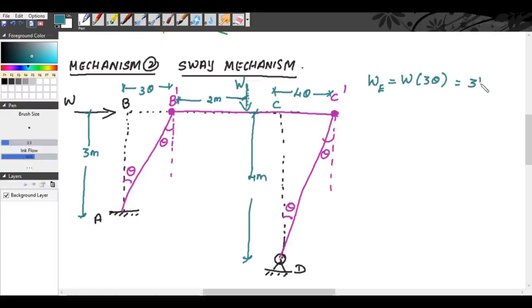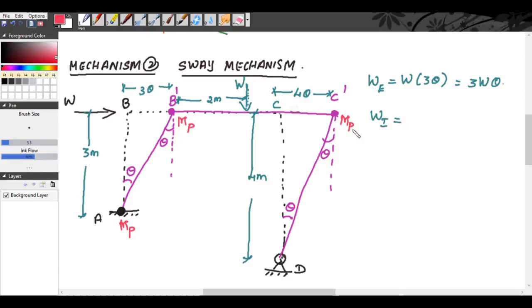Now internal work done will be equal to the plastic moment into the rotation formed. And it is given that everywhere the plastic moment is MP. I forgot to tell here, there will be a hinge at A because it is fixed support. So at A, the plastic moment is MP. At B, the plastic moment is MP. At C, the plastic moment will be MP.